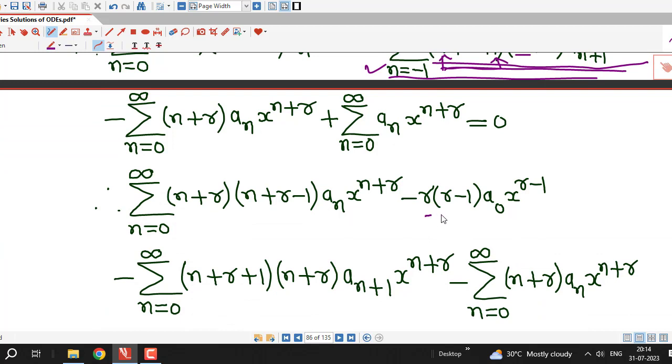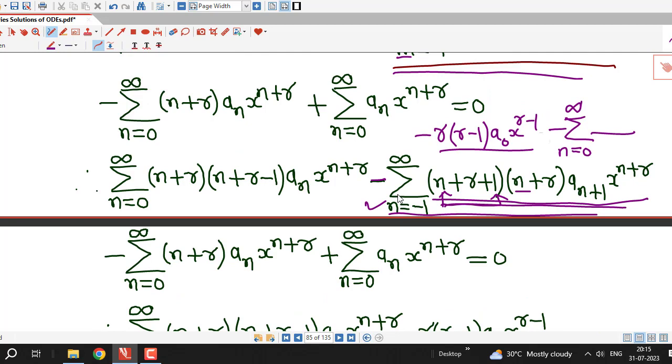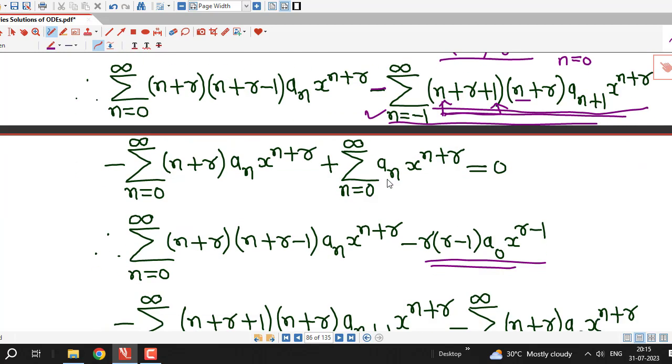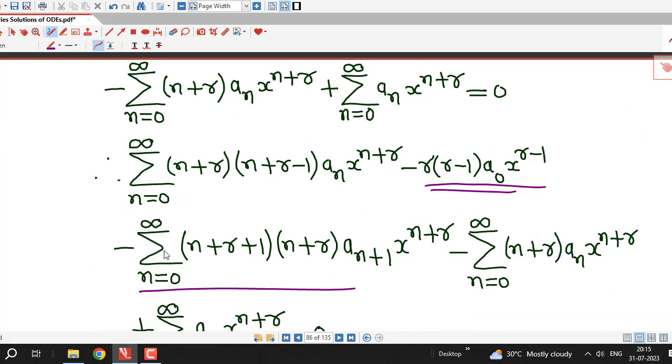So I have modified that summation as the term corresponding to n equal to minus 1 plus sigma n equal to 0 to infinity, and due to the negative sign here, we have negative sign at both of these places.